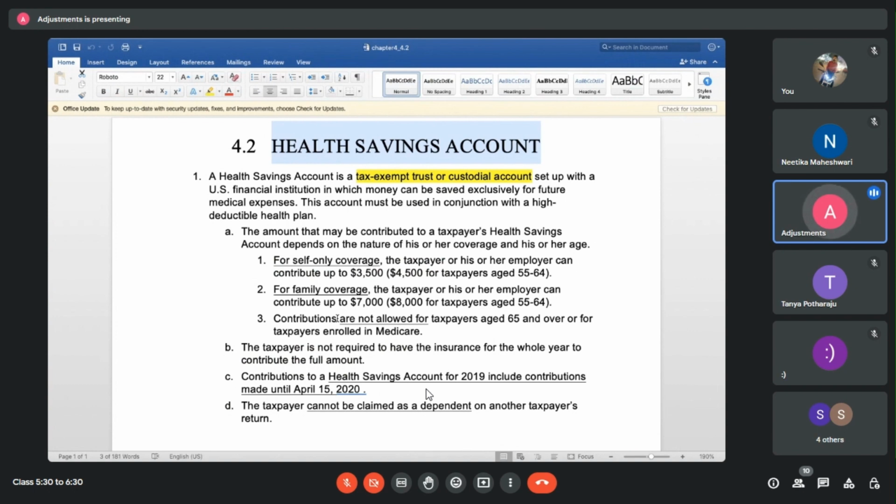And in that form, 1099-SA, somewhere at the bottom you will see an option asking what was the amount incurred for qualified medical expenses. So in that box, if you tell the software that yes, $5,000 was withdrawn and $5,000 was used towards paying medical bills, then the moment you put that in, it becomes non-taxable.